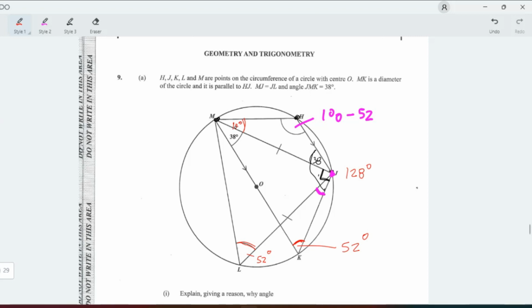If this piece is 14 degrees, how is that useful? Let us see. Is this piece down here then 14? Let's see if the mathematics would make sense. If this piece is 14, then this and this add to give you 52.